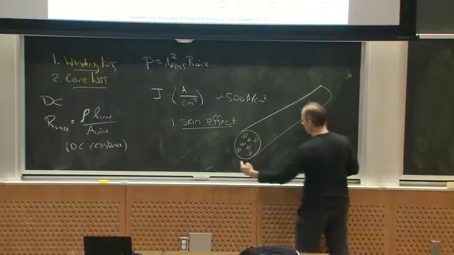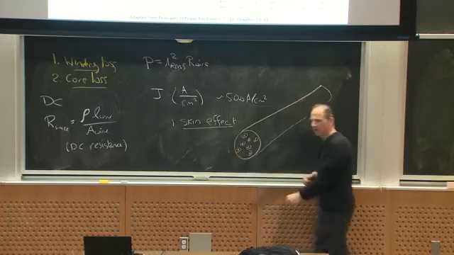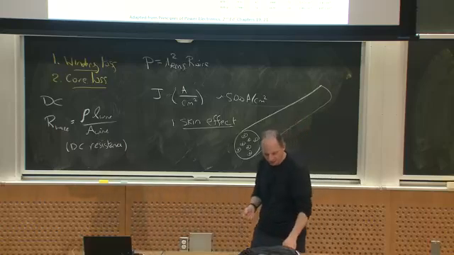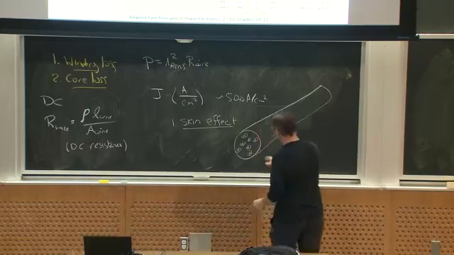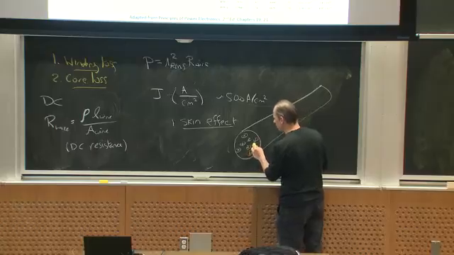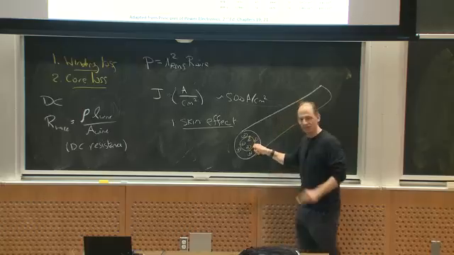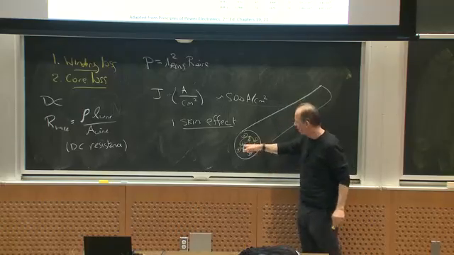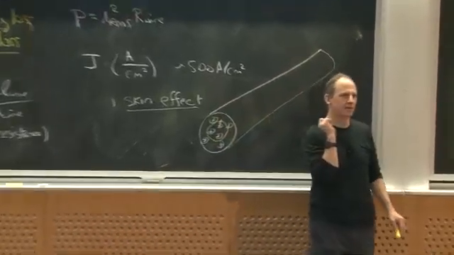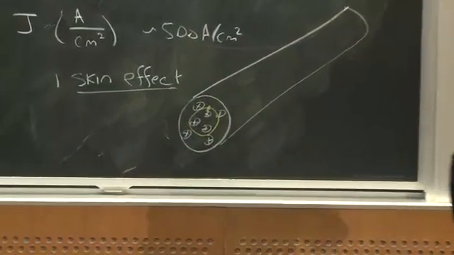But now I have this AC current going into the wire, and that AC current develops a magnetic field. So the current in the middle of the wire is going to generate an H field in the wire and hence a B field in the wire. That represents magnetic flux being carried around inside the wire.